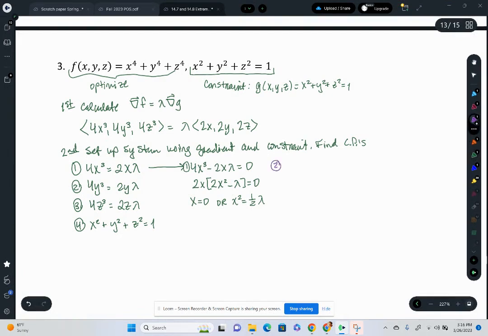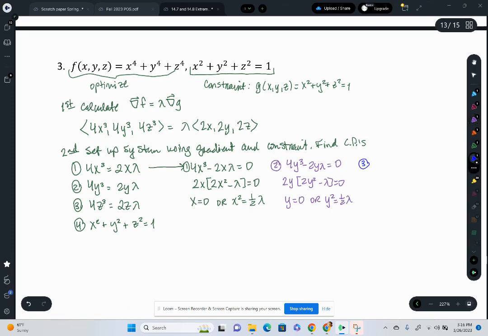Okay, now another case that I have, so this was from equation 1, I'm looking at equation 2, and it looks like that one's going to be very similar because we have 4y cubed minus 2y lambda is equal to 0. We pull out a 2y. It leaves us 2y squared minus lambda is 0. So we get y equals 0, or y squared is equal to 1/2 lambda.